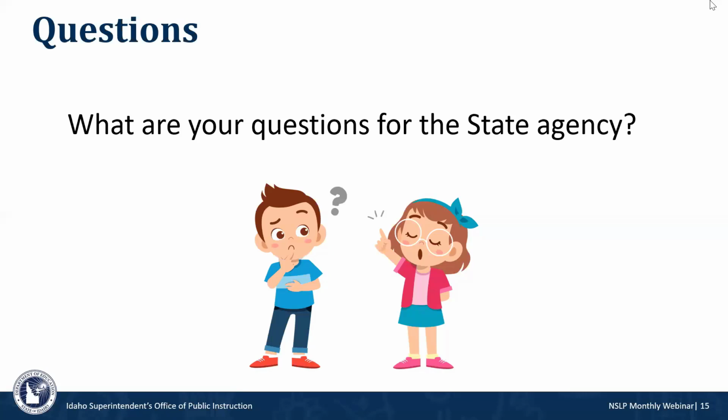Okay. PEBT benefits are only available to families that qualify for free reduced that have experienced a school closure, correct? No other reason. I thought I read something about summer benefits. So that is accurate for school year 21-22 benefits. For summer benefits, school closure is not part of the eligibility criteria.